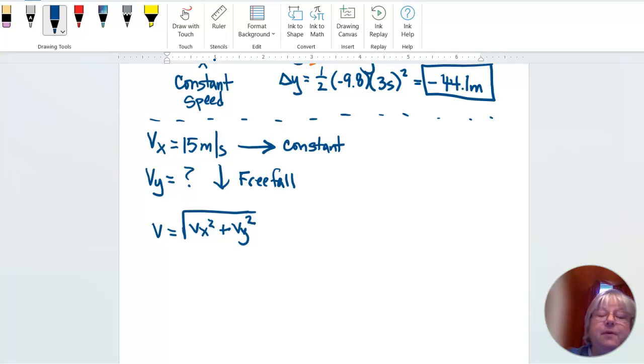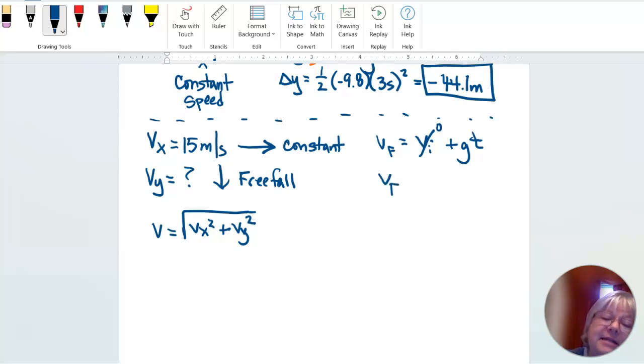So let's see, how do we get Vy? Well, we know his initial velocity was 0 in the y direction. So his final velocity is going to come from gravity and the amount of time that he fell. Well, we already know the amount of time he fell was 3 seconds.